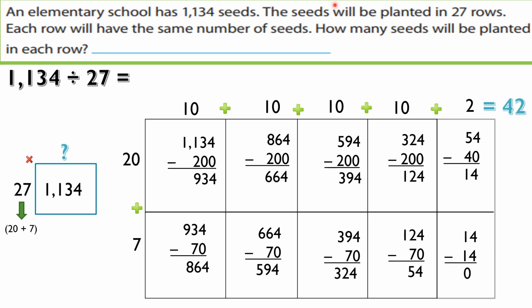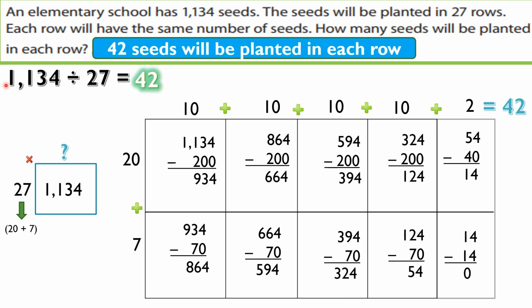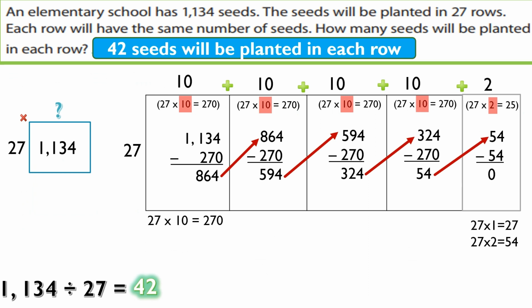So that means 1,134 divided by 27 equals 42. So we know that 27 times 42 gives us 1,134. So the answer is 42 seeds will be planted in each row, if we were to answer the question of this problem that says how many seeds will be planted in each row. If we had chosen not to decompose the 27, then our area model would look something like this.